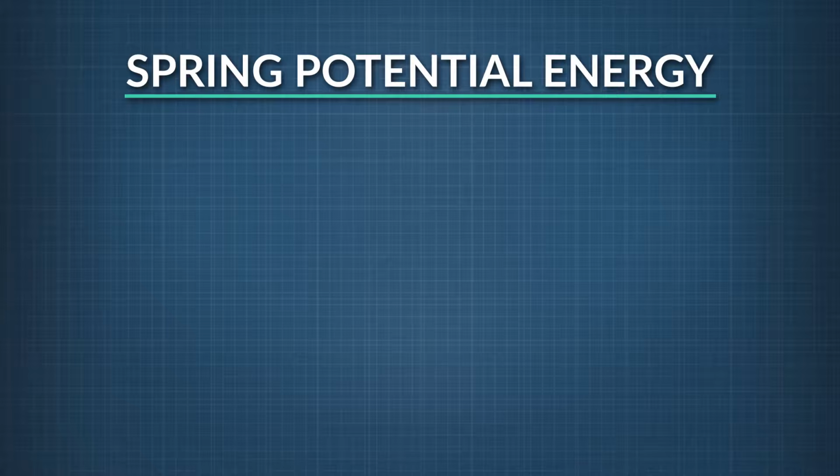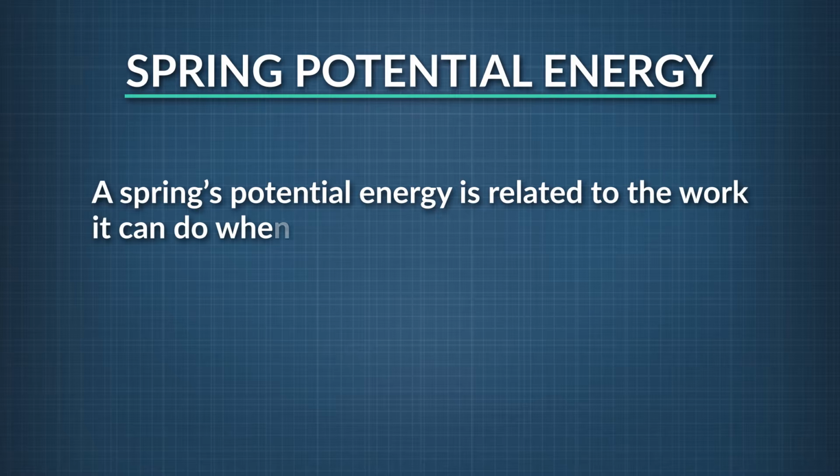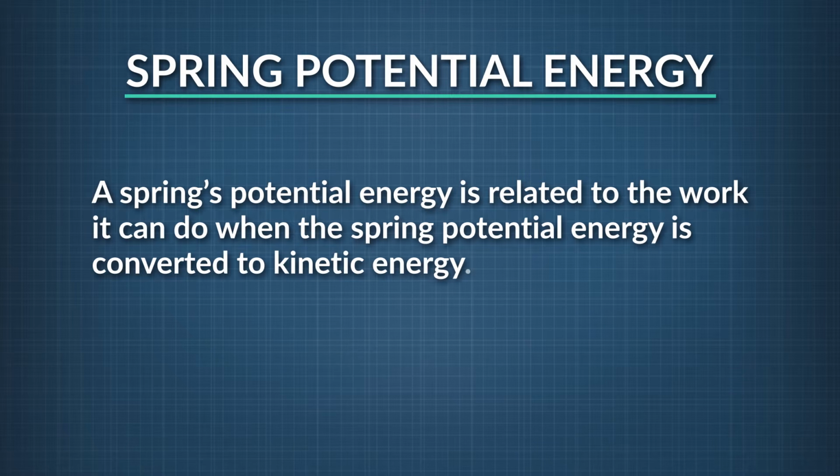The same applies to a spring's potential energy and the work it can do once the potential energy is converted to kinetic energy. A spring's potential energy can be converted into kinetic energy, and in an ideal world, this would be done conservatively, without energy transformed into heat by friction. The equation would look much like the equation you learned for the conservation of energy.